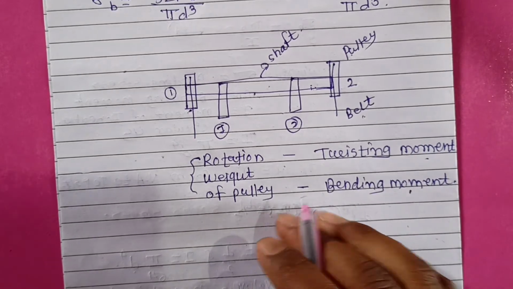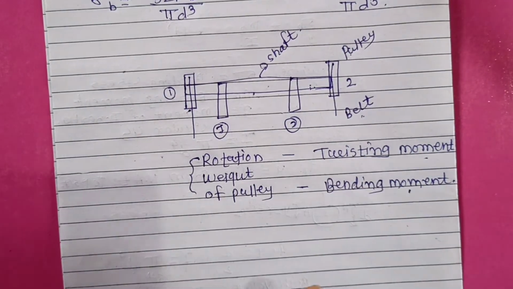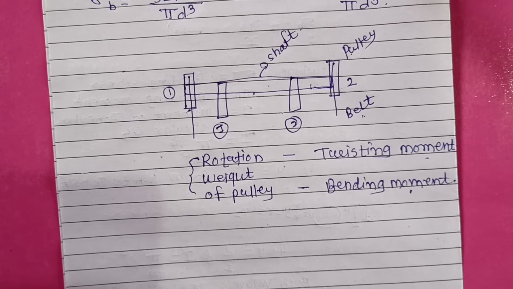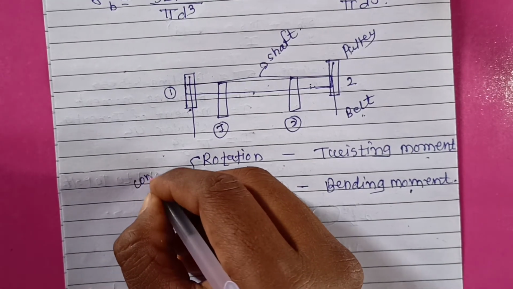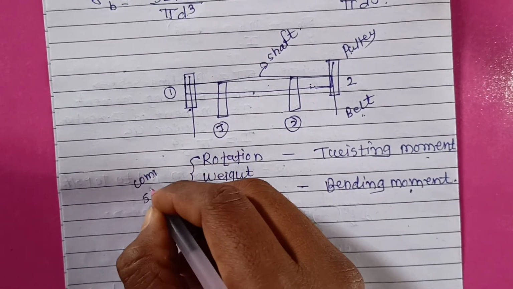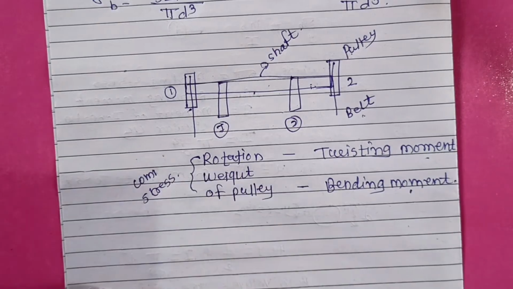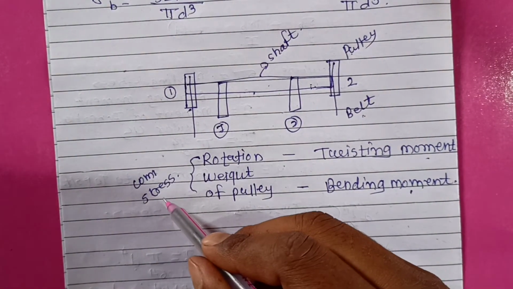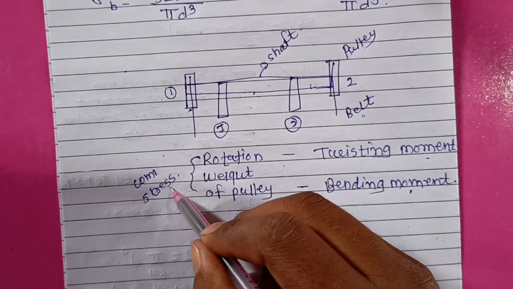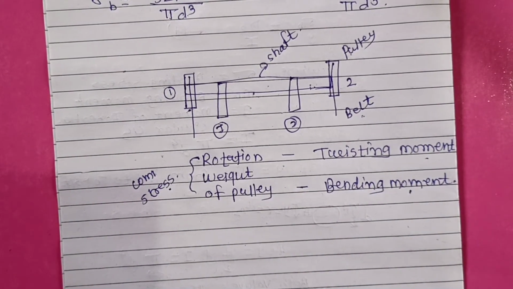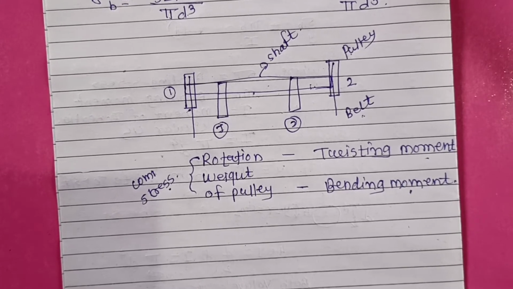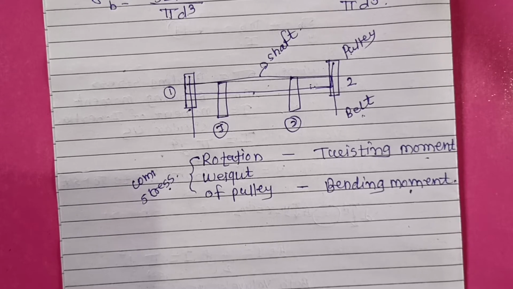Now at one time these two moments or two stresses act on the shaft, and due to this reason we have to calculate the combined stress, and how is it possible to calculate the combined stress? The combined stress is calculated with the help of theories of failure. Why is combined stress created on the shaft?